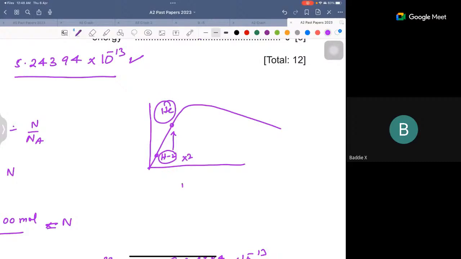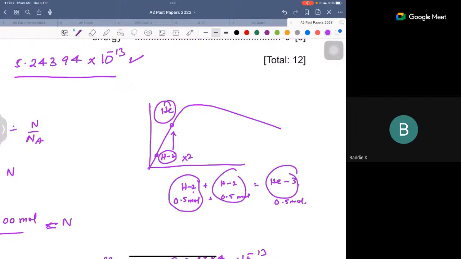So if I say that 0.5 mole of one deuterium plus 0.5 moles of the other deuterium will give us helium-3. Do you understand that? So it's talking about how much 1 mole of this is going to form. One of these gives 0.5 moles and the other 0.5, so total will be 1. Do you understand like that? Right, yeah.